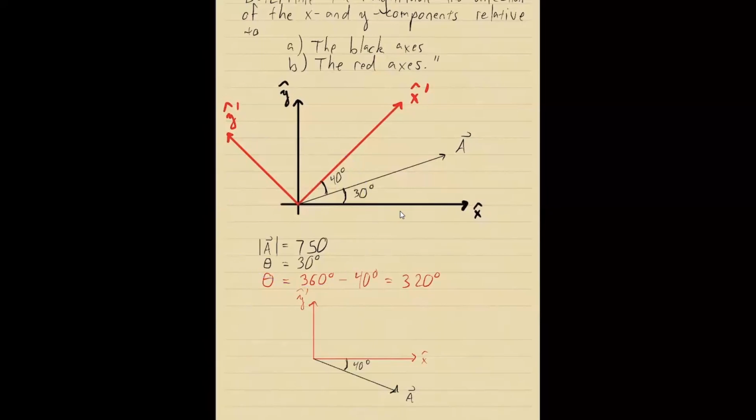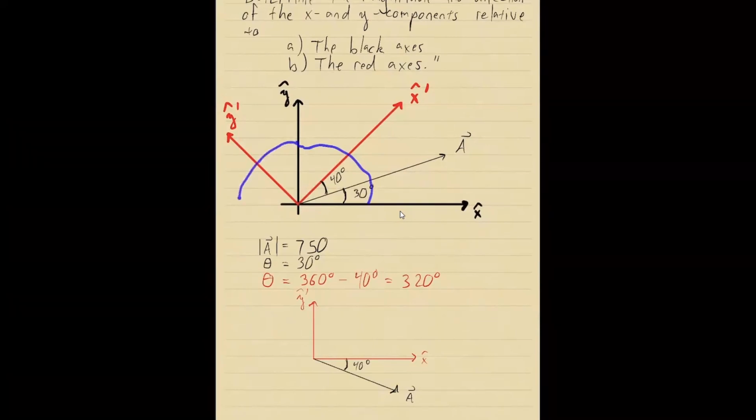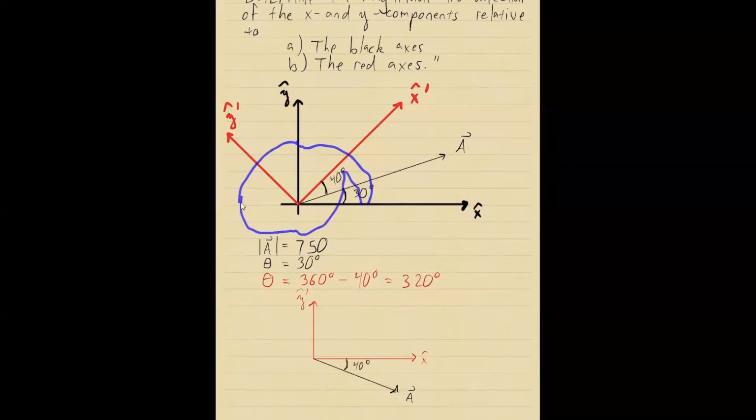So if we start at the x-axis and go to the y-axis, that's plus 90 degrees. If we go from the y-axis to the negative x-axis, we go an additional 90 degrees, so altogether we've gone 180 degrees. If we keep going, that's 270 degrees, and then finally 360 degrees right here. Sorry, overshot a little bit.